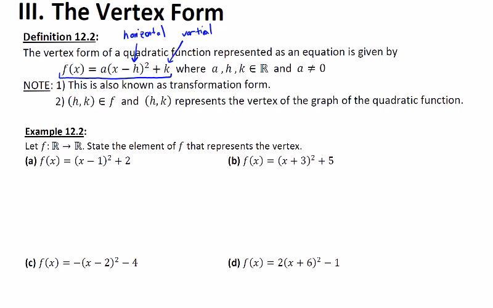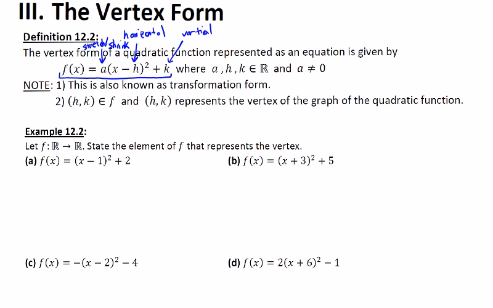And then a, as we discussed earlier, has the ability to tell us about opening up or opening down, but it also tells us if there's going to be a stretch or a shrink. So this is called vertex form, but you can also call it transformation form.